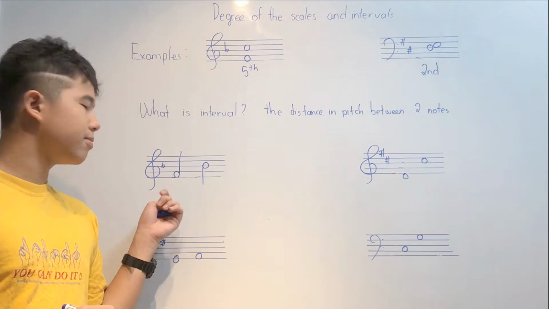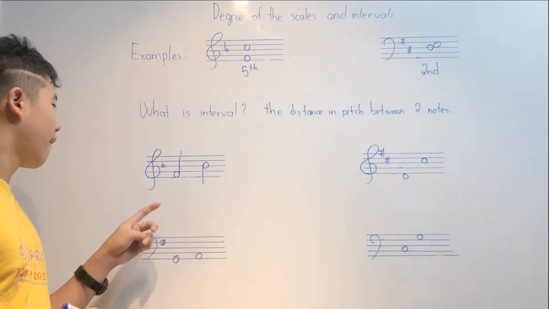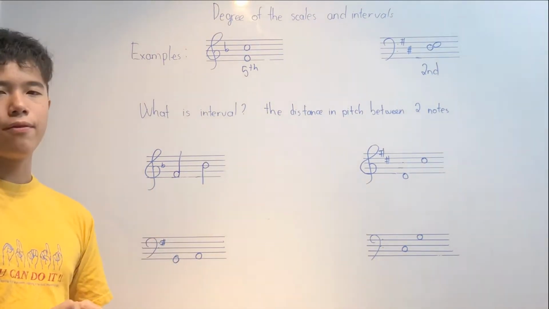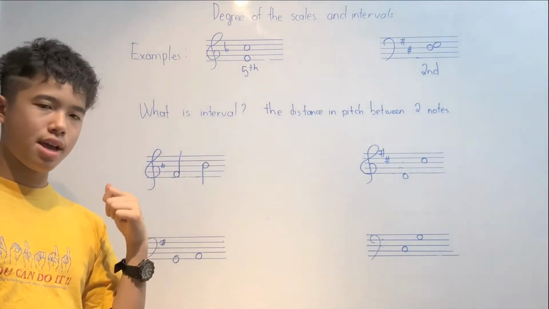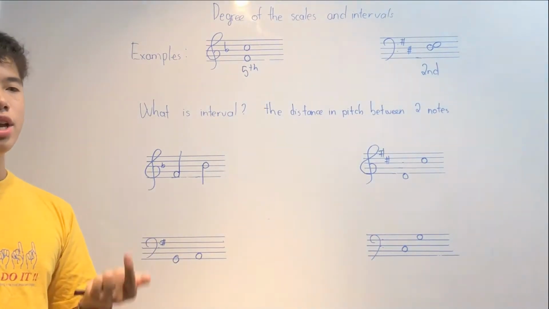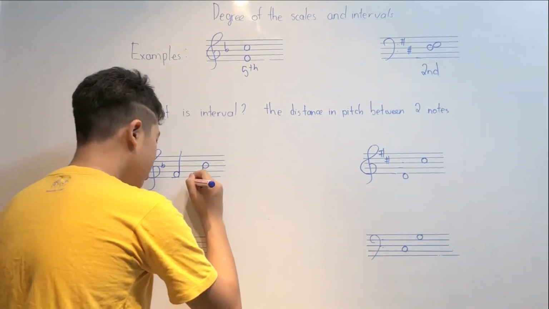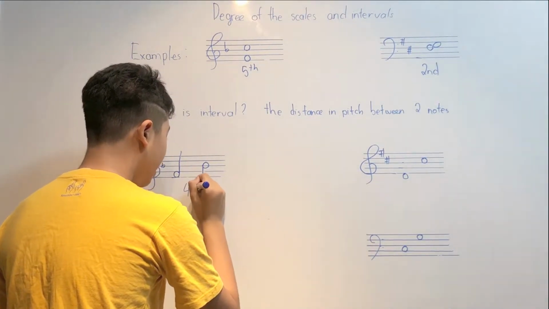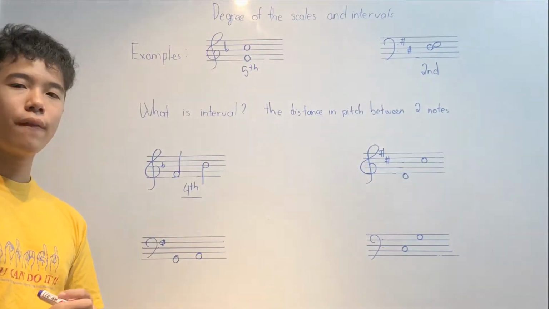Key signature, B flat, that means F major. Starting note, key note, F. From F we count to this one, B: F, G, A, B. There's 4. So the interval between these 2 notes is 4.